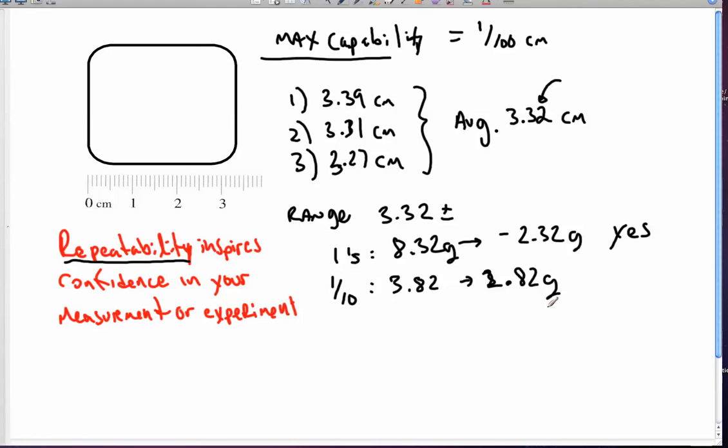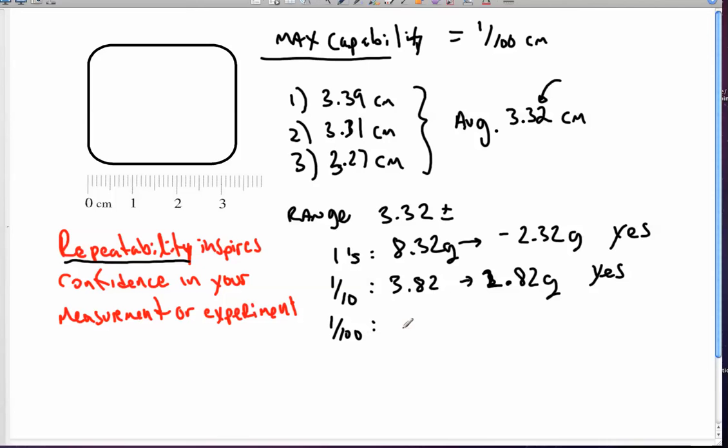Are we confident that the next measurement that we make will be within that range? Well, if we look here, every single measurement, again, is easily within that range. So yes, we are confident that the next measurement we make would be within the range of 3.82 to 2.82 grams.